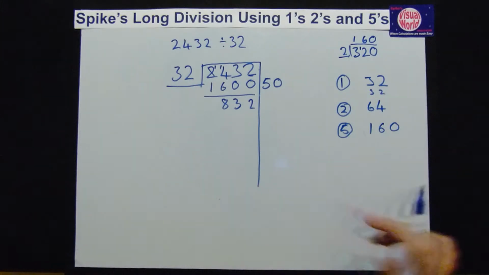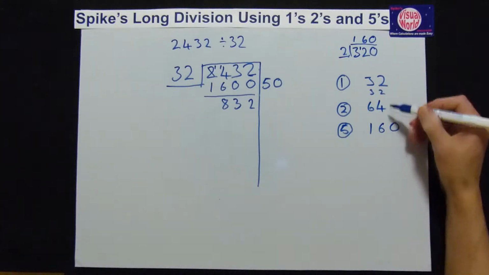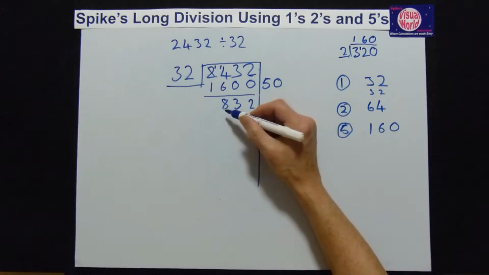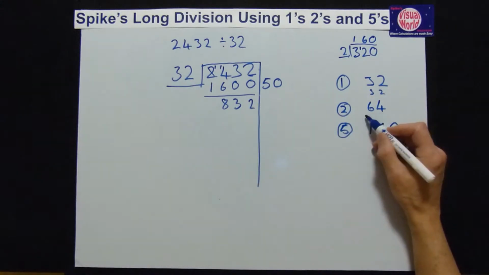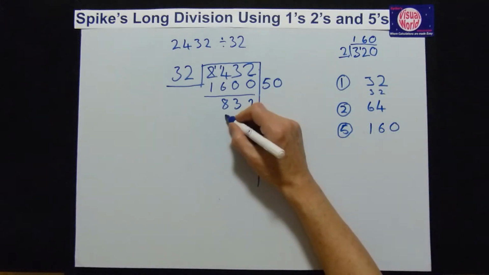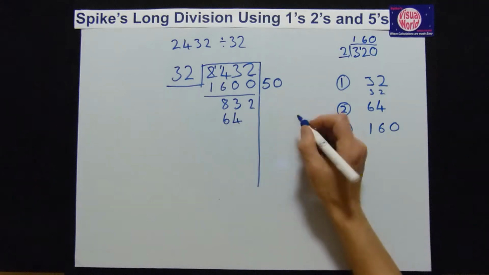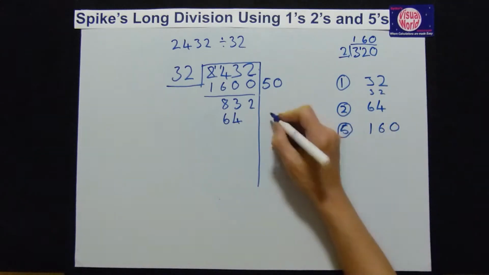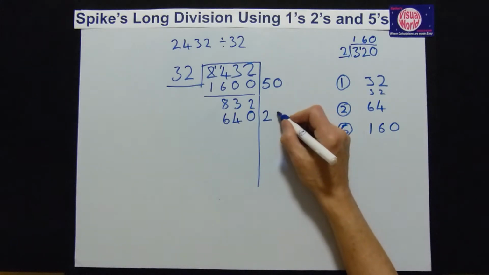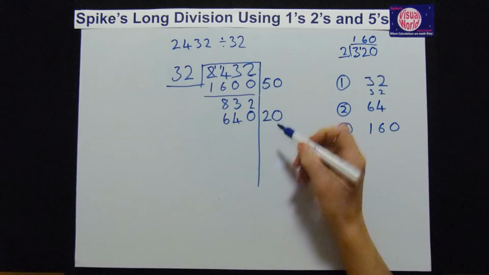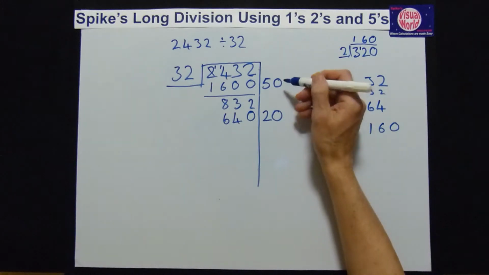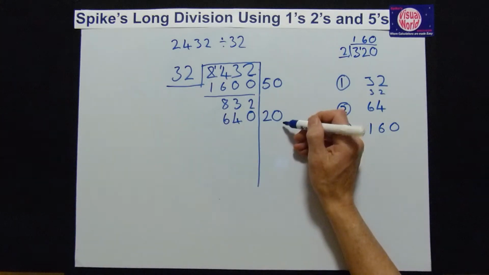Now we do the same again. Look for the biggest one between the 32, 64 and 160 that's less than the first 2, the 83, and you can see the 64 is less, so we can actually put in the 64 there. So 64 is 2, but again we need to multiply by 10, so we know so far that we've got at least 70 32s, we've got 50 of them, and we've got another 20.